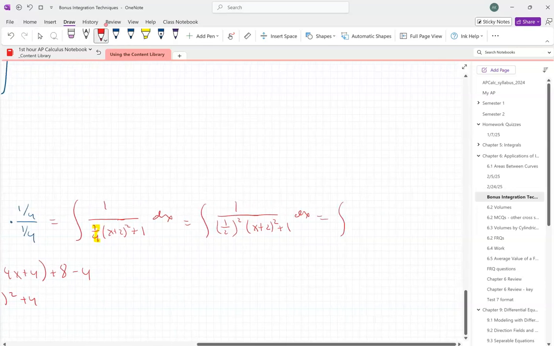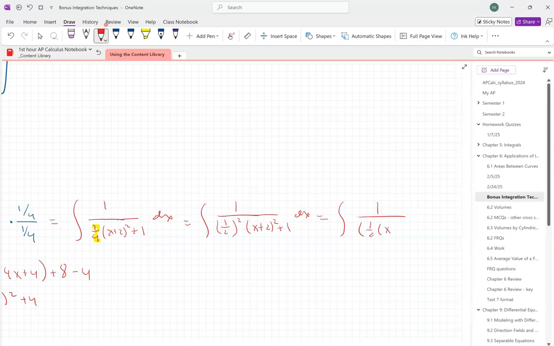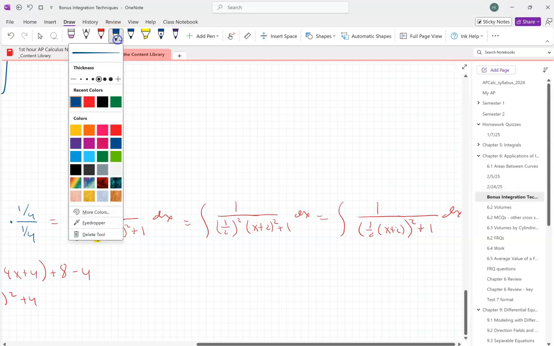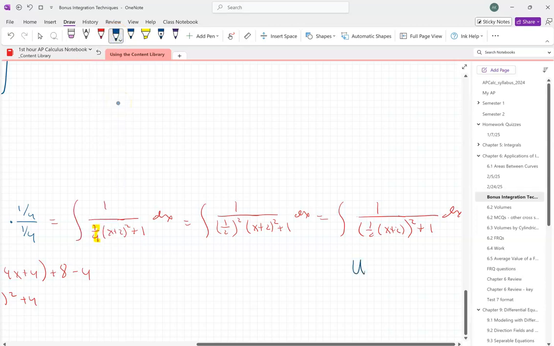No, there is, because now since it's 1/2 squared, I can push it inside together. Now we're in a spot where we can U sub. This is as tricky as they could get for you guys.